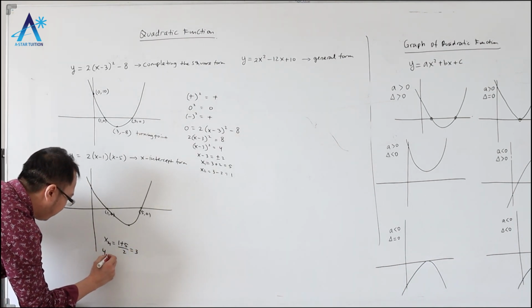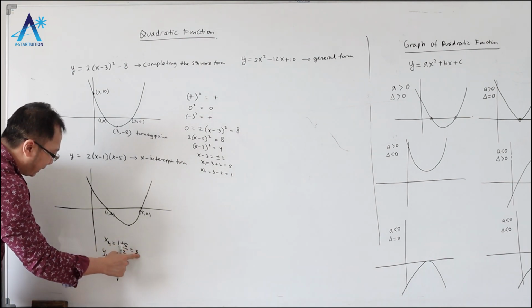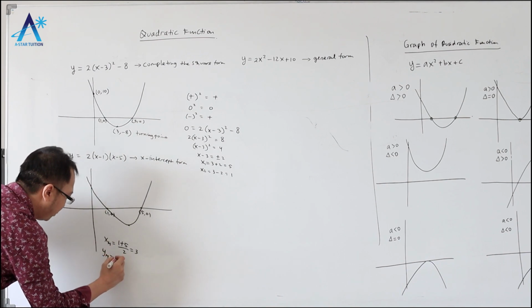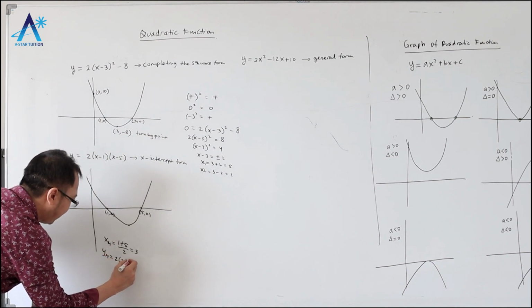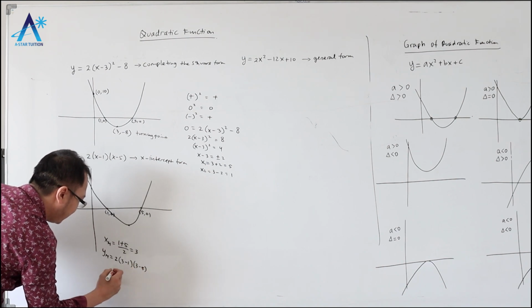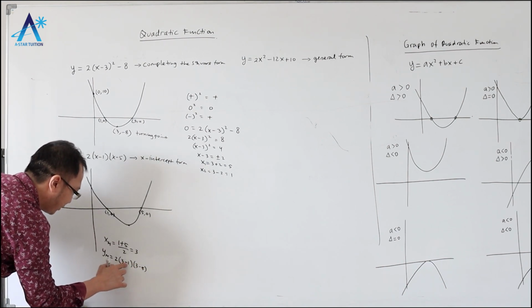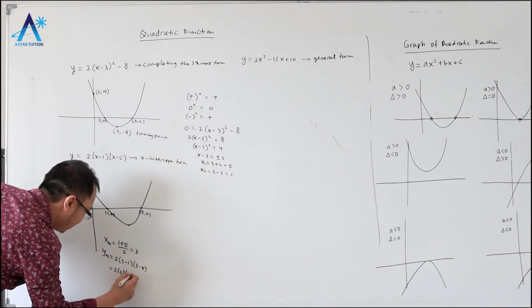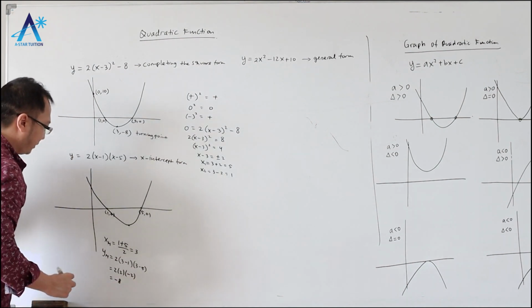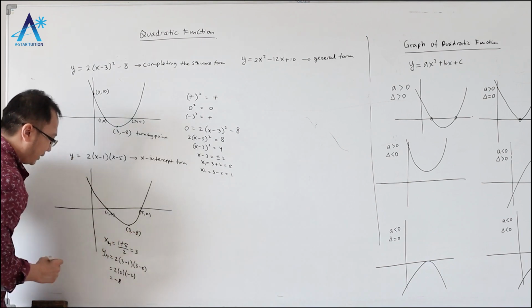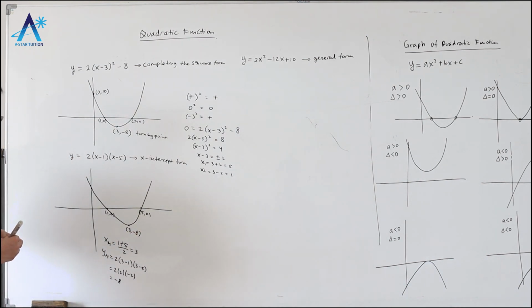The corresponding y value can be obtained by plugging this back into the original function. So we have 2 times (3 minus 1) multiplied by (3 minus 5). This gives you 2 times negative 2, which is equal to negative 8. Now this coordinate right here is (3, negative 8). It's as simple as that.